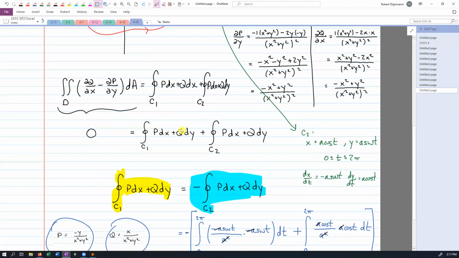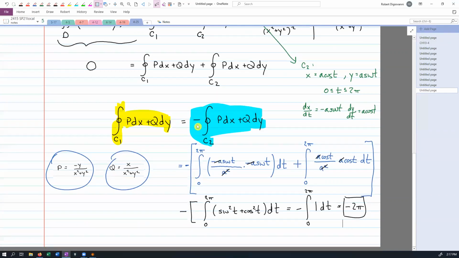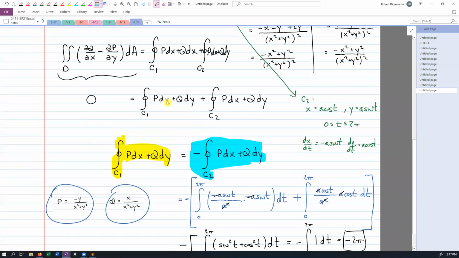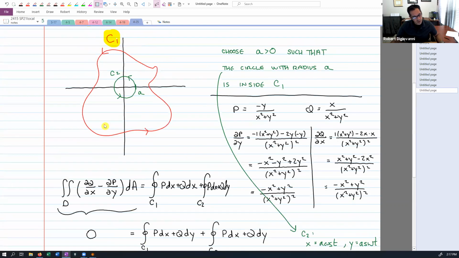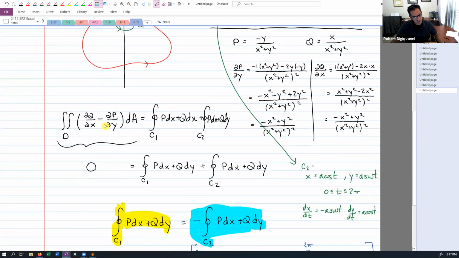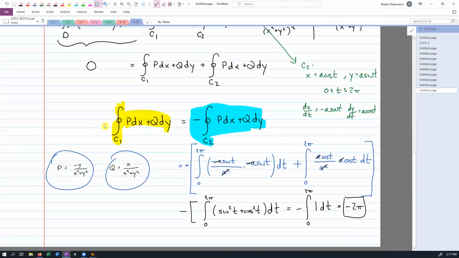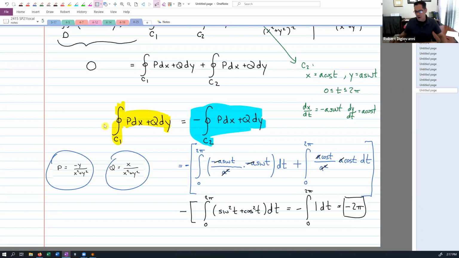I thought you just carried down the negative since you said that they were equal. They have to be equal to 0, right? So I moved one of them to the other side. C2 is positively oriented. Yeah, okay. Let's not, because we've already eaten up so much time. I'm off by a sign. I'll go back and look and see where I have the sign issue, and I'll just email y'all later.